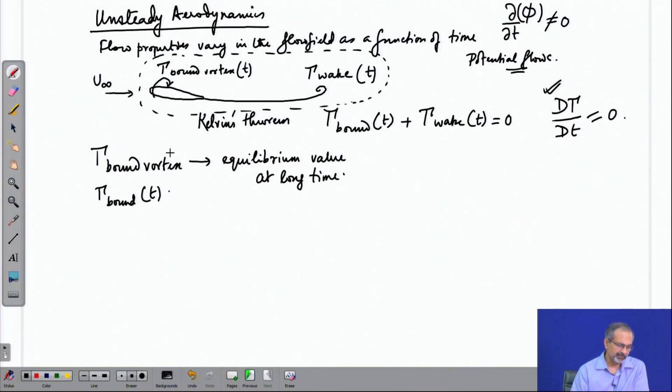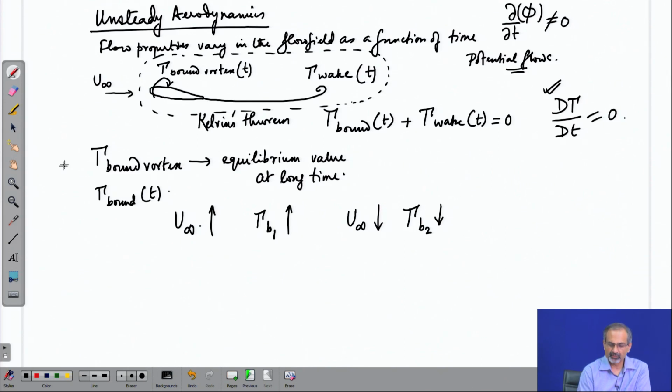Now, in that situation, if we change u infinity, let us say we increase u infinity, then the bound vortex will again change and it may settle for another value, another new equilibrium where its value is raised. If the u infinity decreases, then the bound vortex settles for another equilibrium value which is lower than the one that we were considering here.